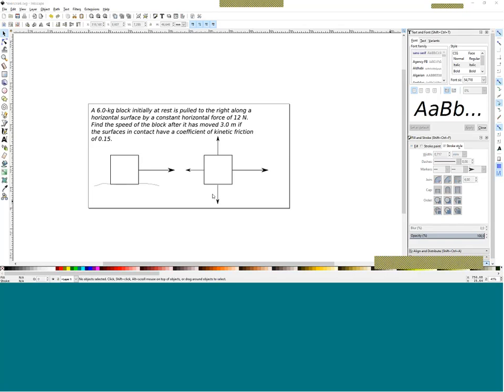So, Mbam got the answer. Find the speed. Let's see. How did you get 2.45? Let me see. So, Mbam, your answer is not correct. It's not 2.45 meters per second.